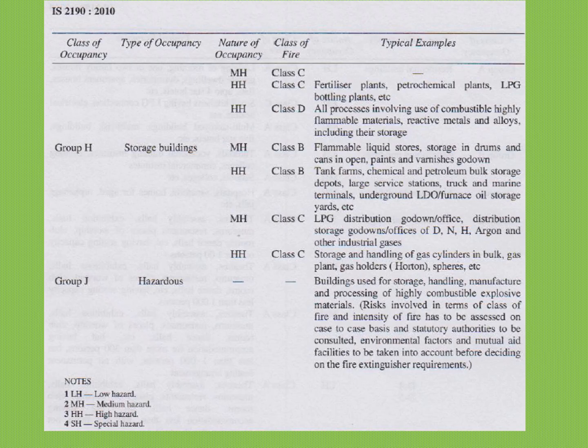Friends, this is also the same type of chart, but for Group H and Group J buildings. H buildings are storage buildings, which normally have more height than normal buildings, and Group J includes hazardous.